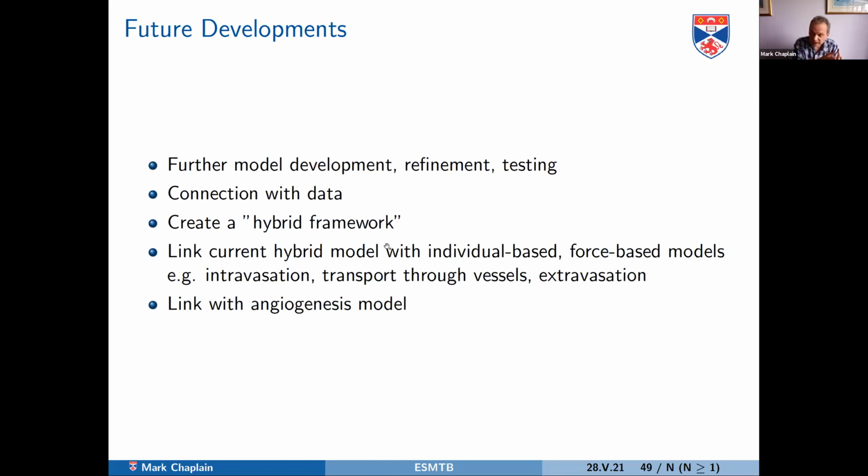We'd like to take the modeling in a direction of connecting to our angiogenesis model in a more explicit way. At the moment, it's just if you're on a grid point with a blood vessel, it's a probability of transport. But we'd like to take our tumor-induced angiogenesis model and couple that and do a more interactive model and a more accurate model there.